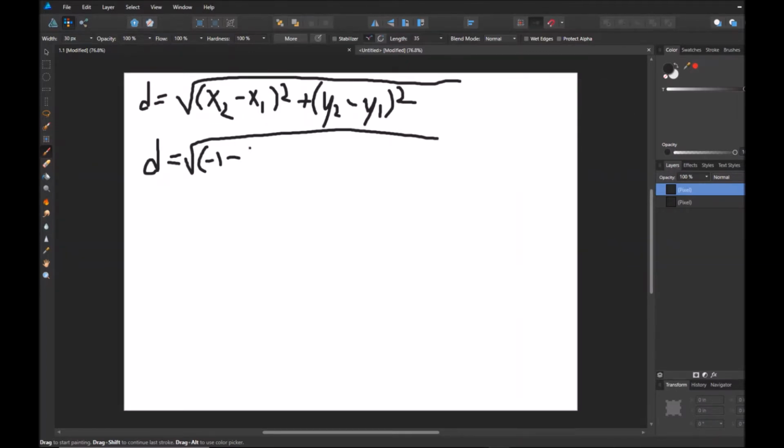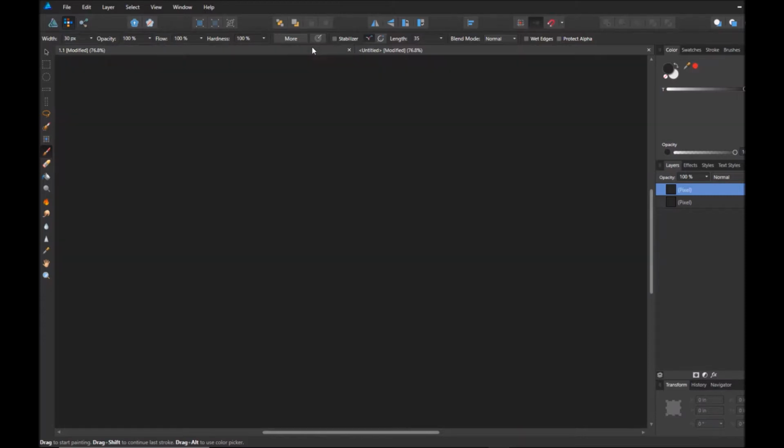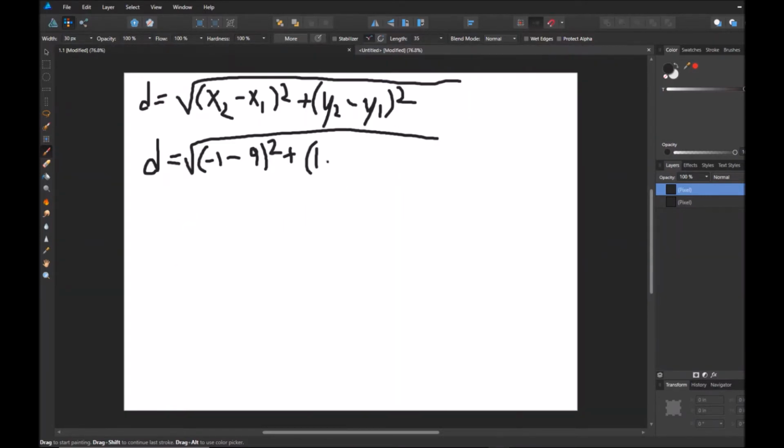So we have negative 1 minus 9 squared, plus y2, which is going to be 1 because A is negative 1 comma 1, and y1, which is 9 comma 1, I believe. Yeah, 9 comma 1. So 1 minus 1 squared.